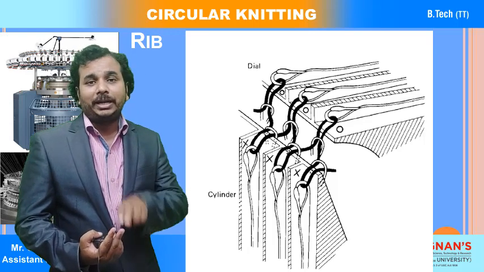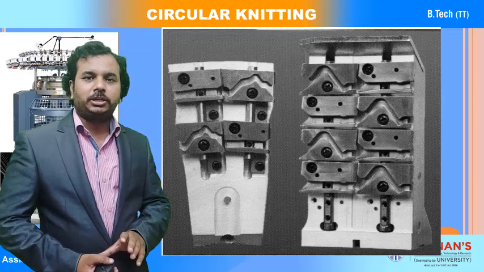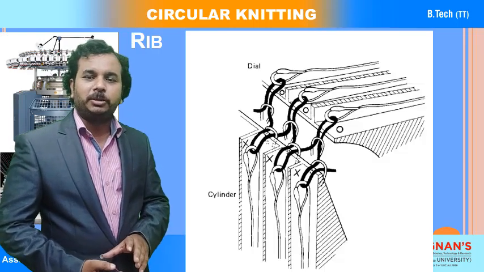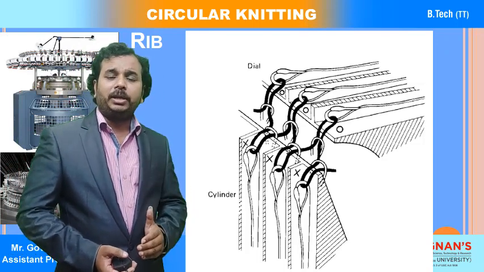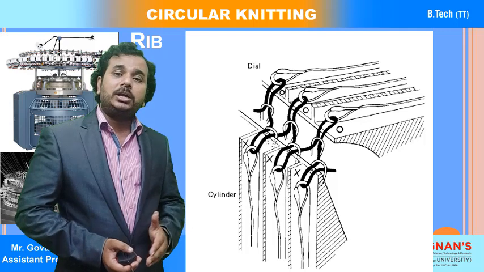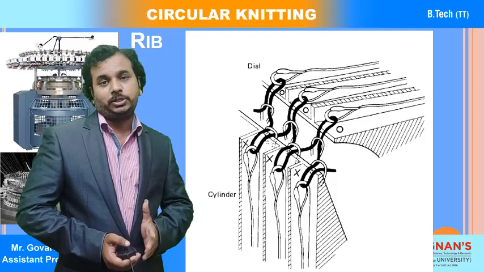Now, what is a rib structure? Rib structure is nothing but a fabric having alternative wales, and alternative wales are having face loops.